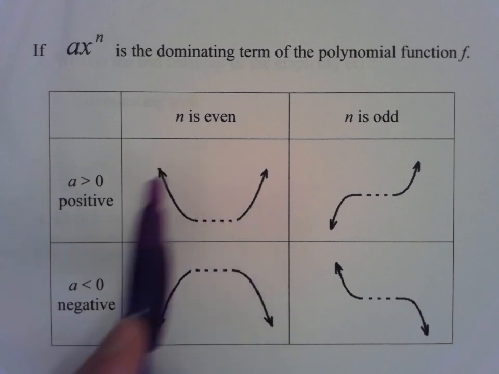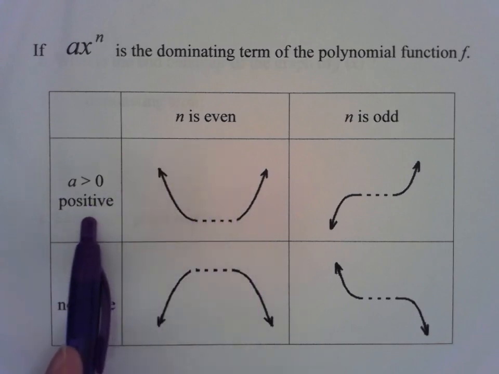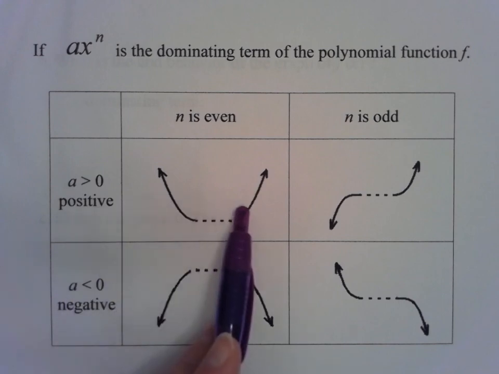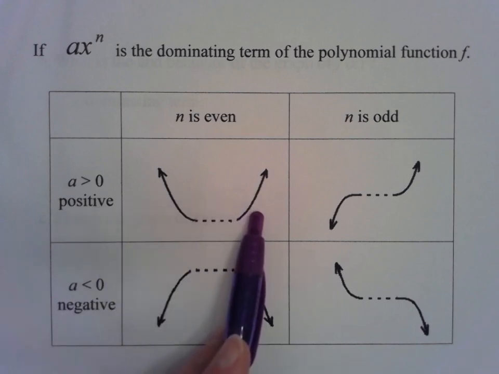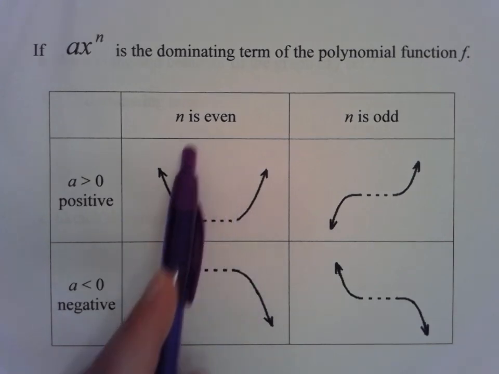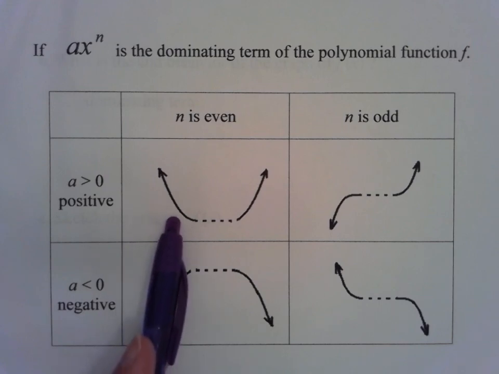And these kind of work together, the a and the n. So if the a is positive, that means that the right-hand side is going to go up. As x gets really big, the y value is going to get really big in a positive way. And so it's going to go up towards infinity. If the exponent is also even, then they're going to travel together and they're going to both go up.